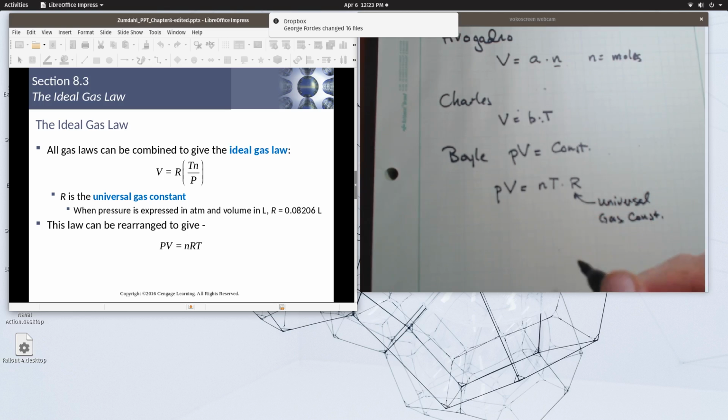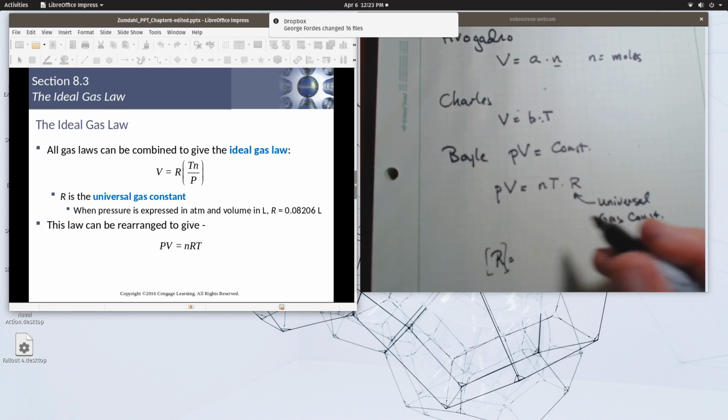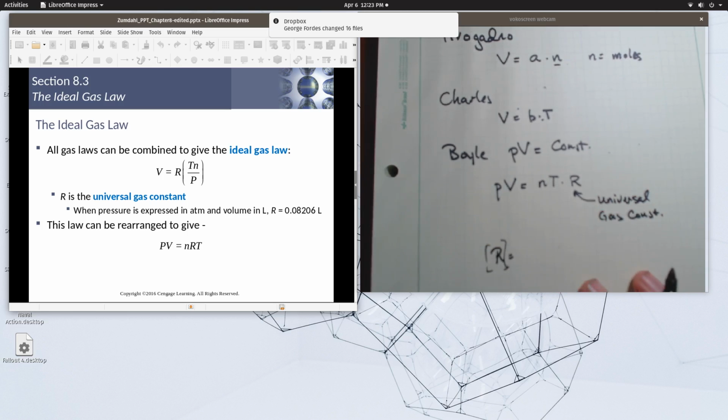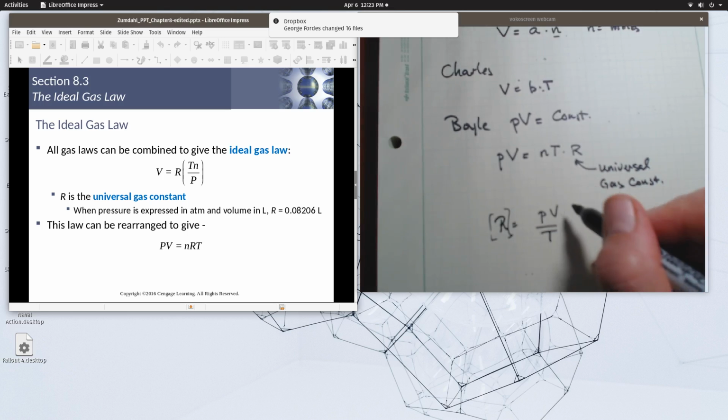We can figure out what the units must be, right? So R is some sort of constant. So let's just use my notation. This little bracket simply means what are the units: pressure, volume, temperature, and moles.